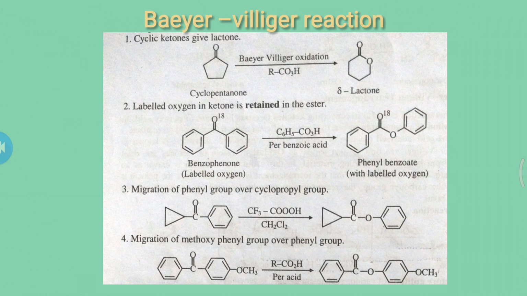The fourth is a similar type of Baeyer-Villiger reaction. Here para-methoxyphenyl has more migratory aptitude than plain phenyl. So these are more examples of the Baeyer-Villiger reaction.